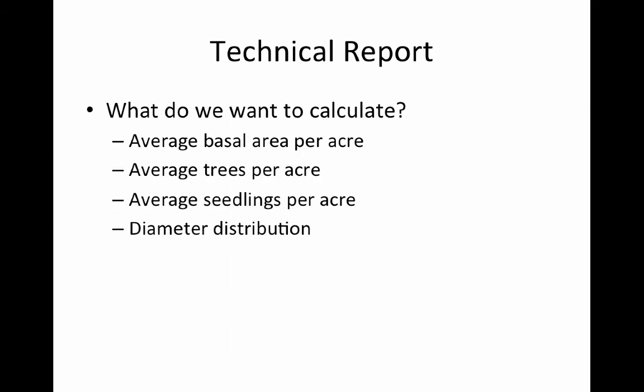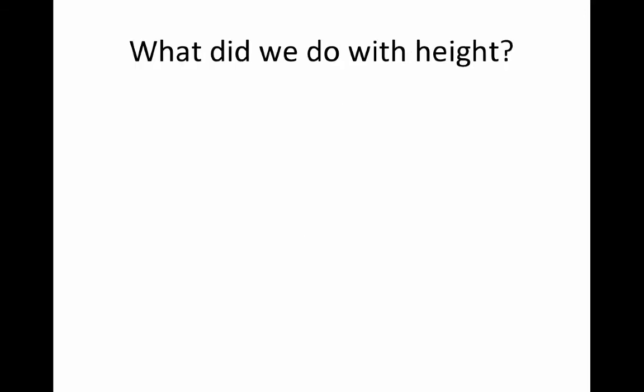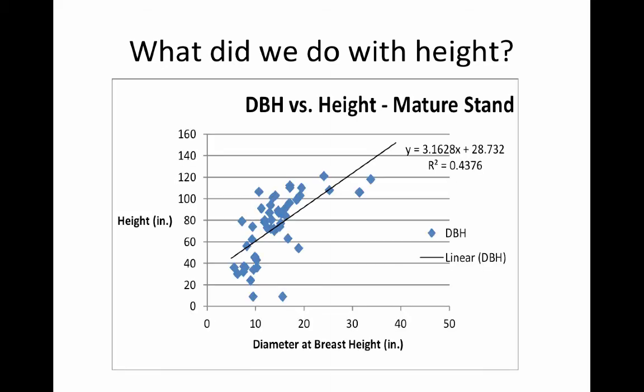So what do we actually want to calculate? We might want to calculate things like average basal area per acre or average trees per acre. We might want to know about regeneration, such as seedlings per acre, and finally, a diameter distribution is always nice. We also measured heights, and we only measured these heights on a subset of trees, right?